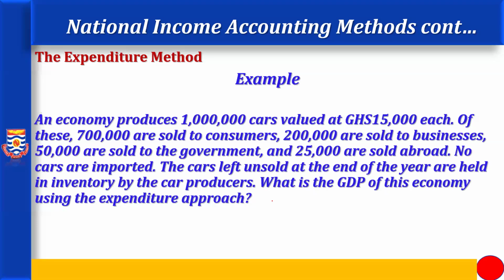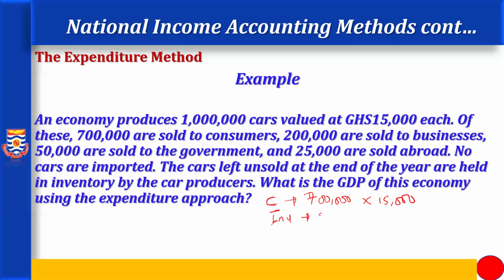So let's start with consumption: goods and services bought by consumers. They bought 700,000 cars, and each car is 15,000 cedis. Now, businesses represent the investment expenditure.